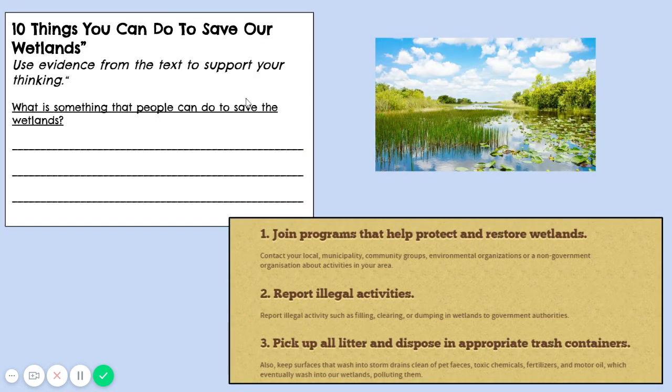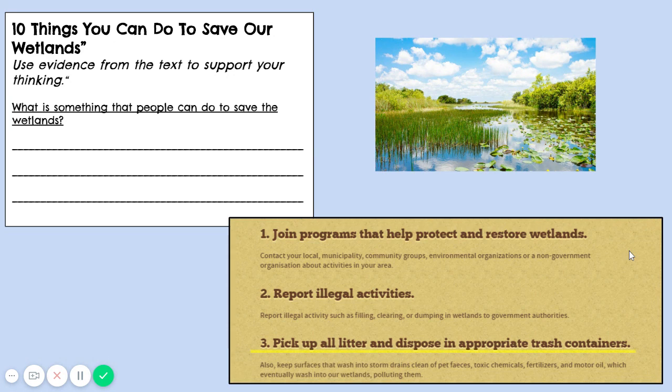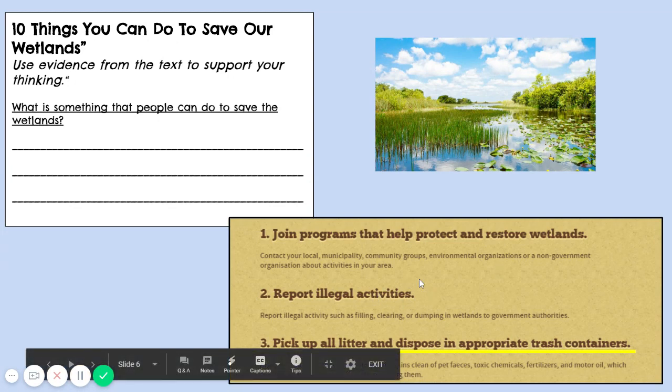My next question to answer: what is something that people can do to save the wetlands? I know that again I need to go back into my text and find a detail that the author stated to tell me what people can do to save the wetlands. I remembered that in each of the steps there were different things that the author said we could do. So I picked one that I knew I could personally do to save wetlands. I found that number 3 said, pick up all litter and dispose in appropriate trash containers.